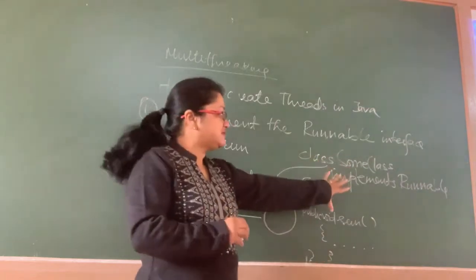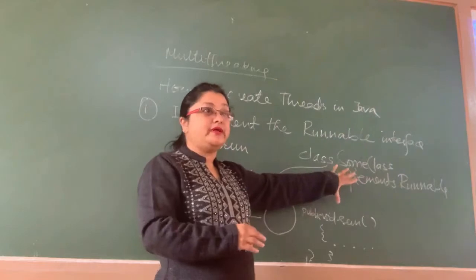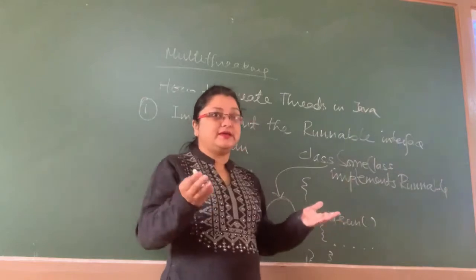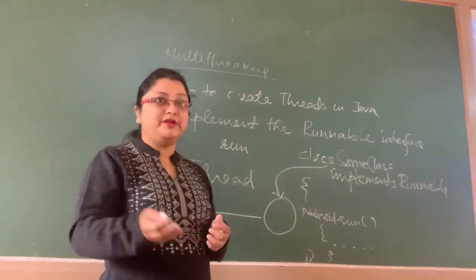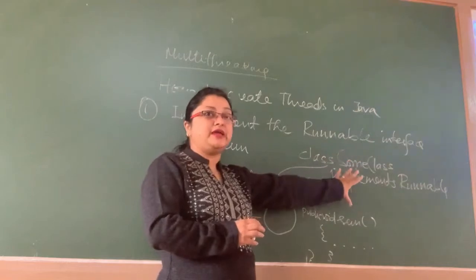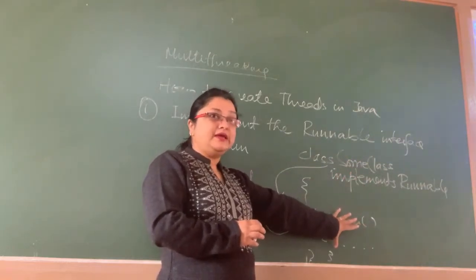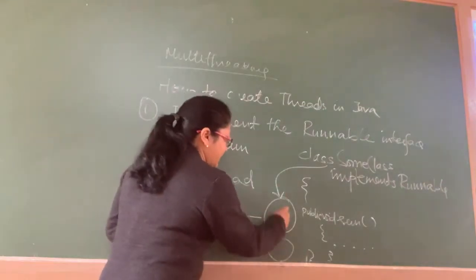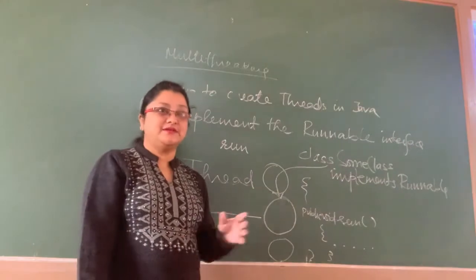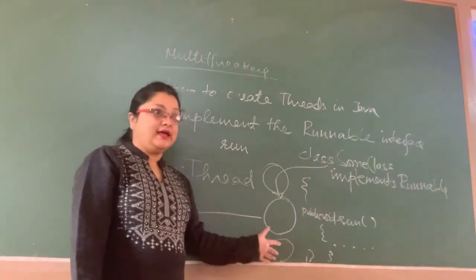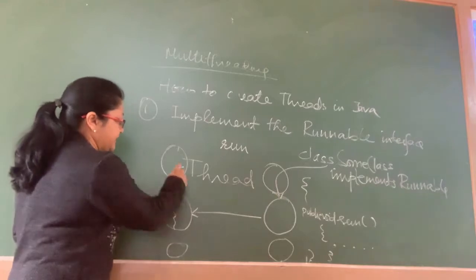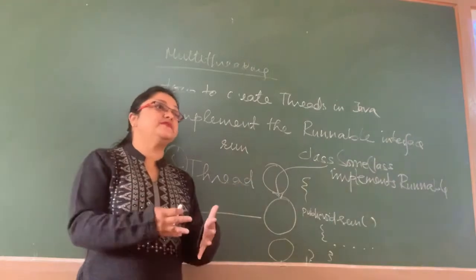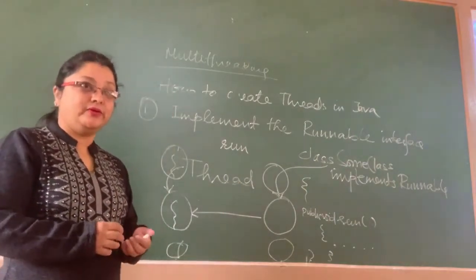Suppose I write programs to print characters: print A 10 times, then B 10 times, then C 10 times. I will have 3 task objects and 3 threads. Each thread will be assigned to each task, and then all of them will run parallelly.